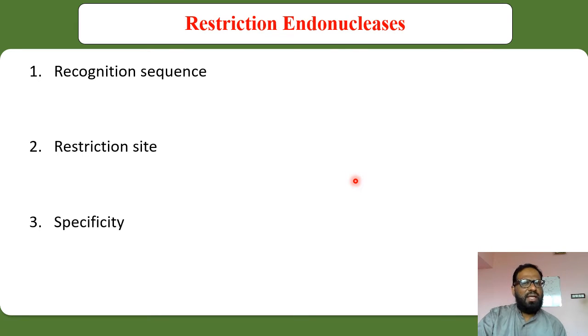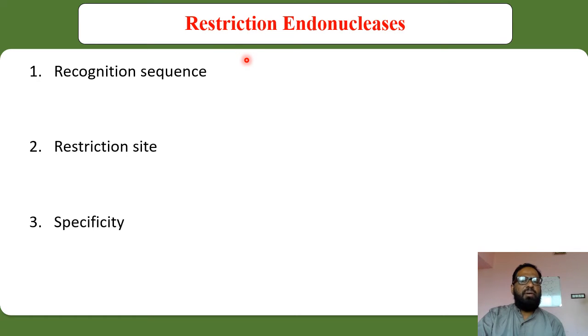But as far as restriction endonucleases are concerned, all the time they are going to break only one bond. That is the point we call the restriction site, and that restriction site is present in the recognition sequence. These are the three very important unique features, and only if these three unique features are present do we call that particular endonuclease a restriction endonuclease.